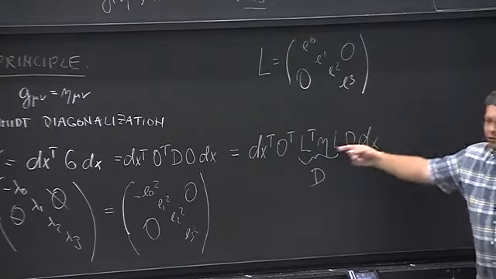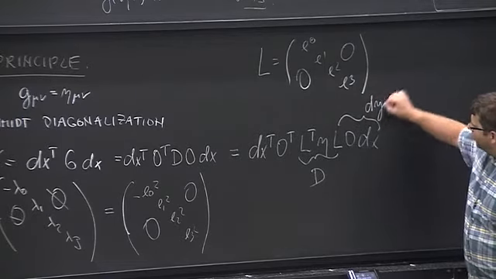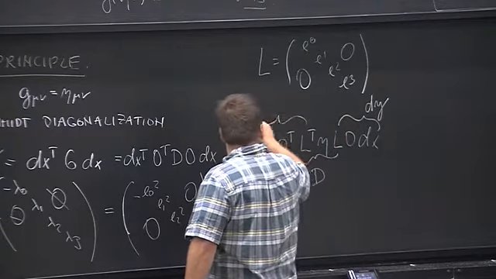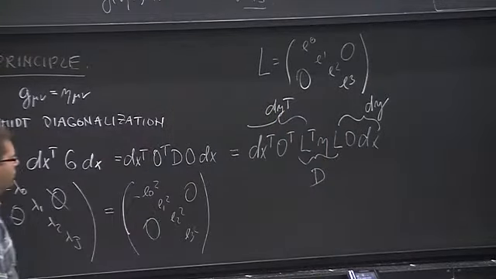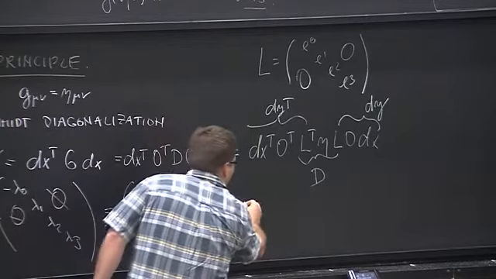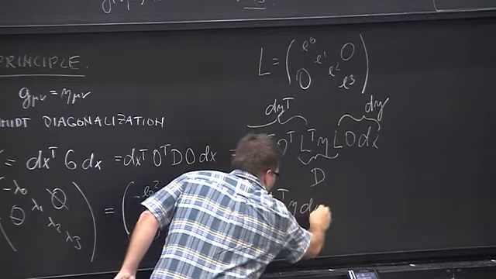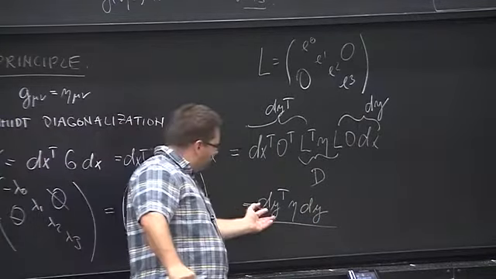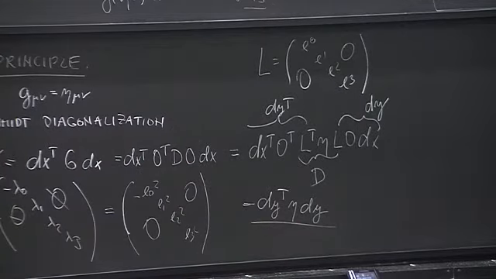Okay, but now the last step is to simply call this thing my new coordinate, dy, and then surprise, surprise, this is my new coordinate, dy transpose. And so you just manipulated the thing into dy transpose eta dy. And so you see that in these new coordinates y, my metric looks like the eta metric, like the Minkowski metric.